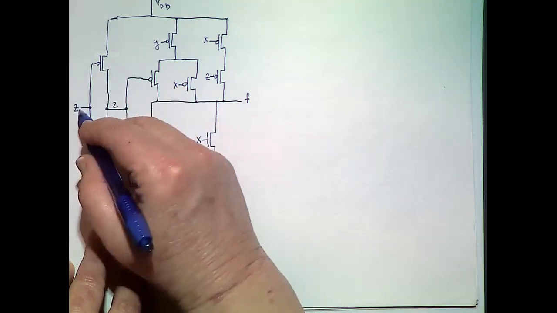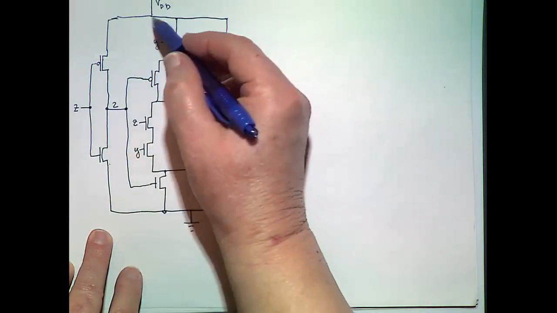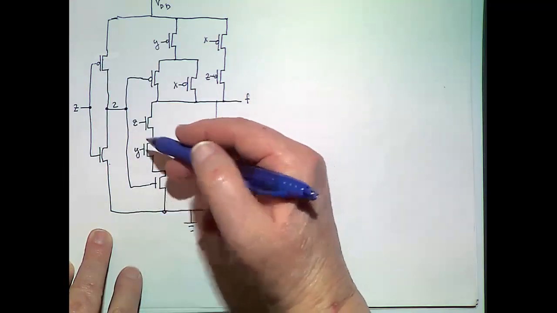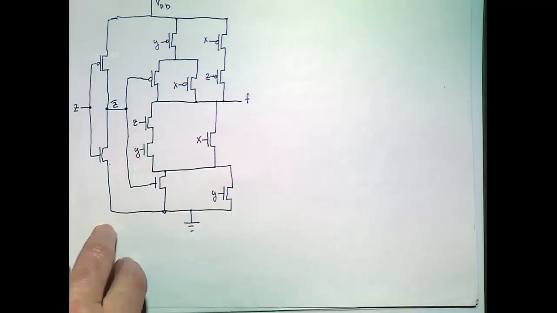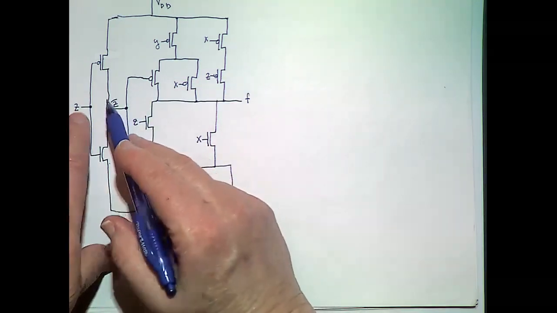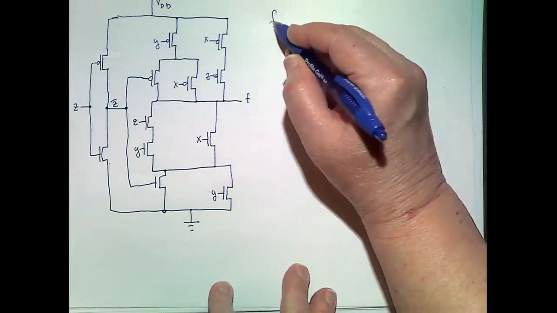So if this is Z, we have PMOS here and NMOS here, right? And controlled by Z. And so this gives us Z bar here. If this is high, this one's going to be low. And if this one's low, this one will be high. Yay. All right, so what's our pull-up function now?